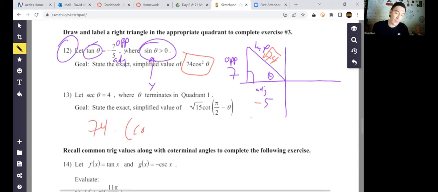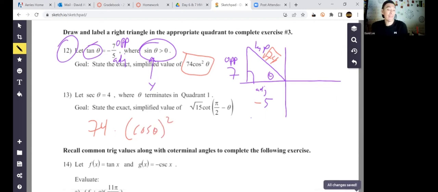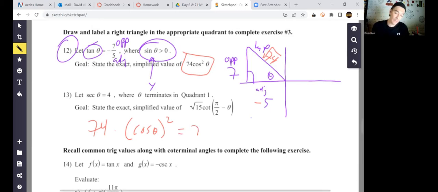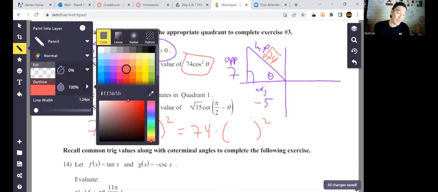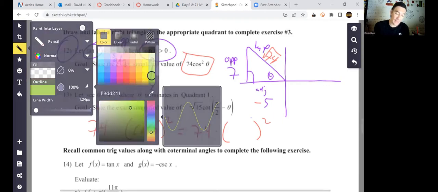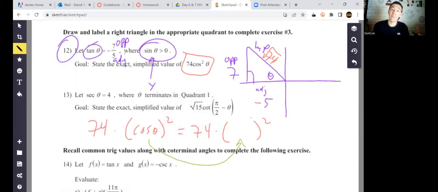Now I'm going to write cosine squared a little differently. You see that? I put cosine in parentheses, and then I put the square on the outside. So we have 74 times something squared. I just need to figure out what cosine is, right? Once I know cosine, I'll put it there in the parentheses.